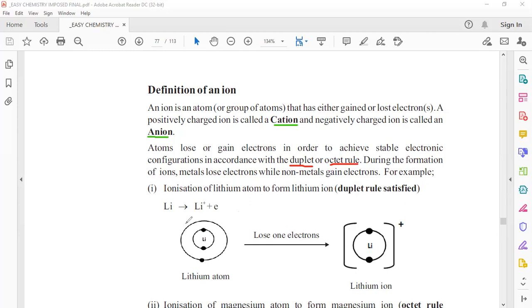This is an example where lithium loses one electron in the last shell and then it remains with two electrons in the outer shell. So when you have two electrons in the outer shell, you have achieved what we call the duplet rule. These are the two rules that are supposed to be achieved, and then we say an atom is stable.